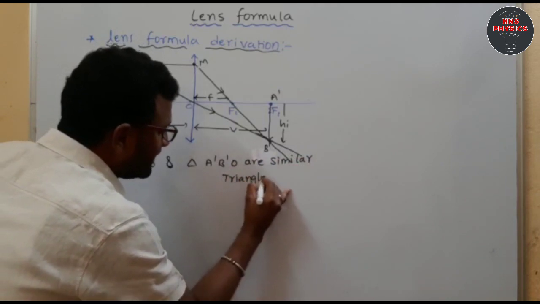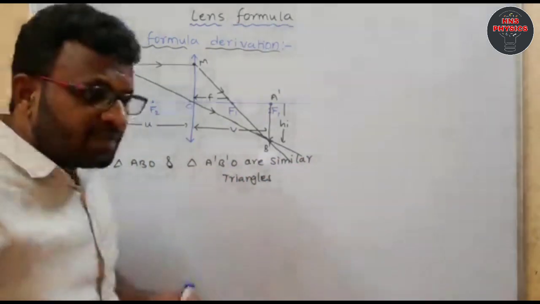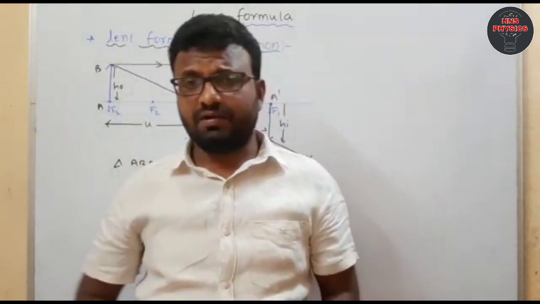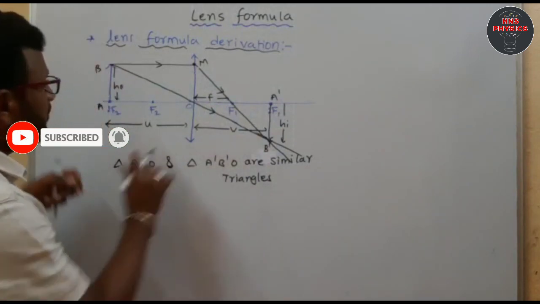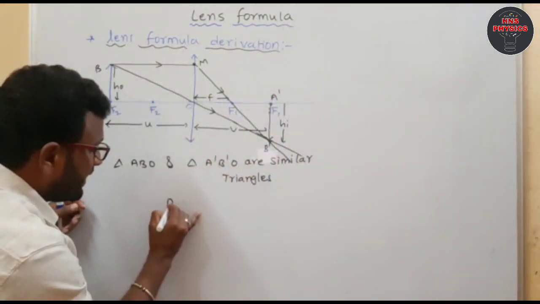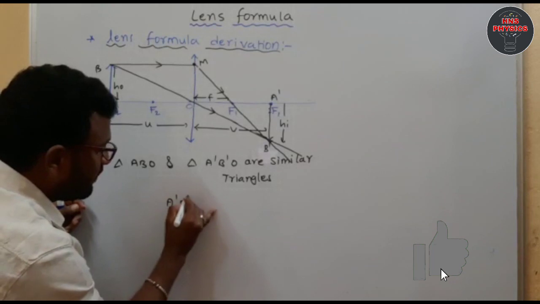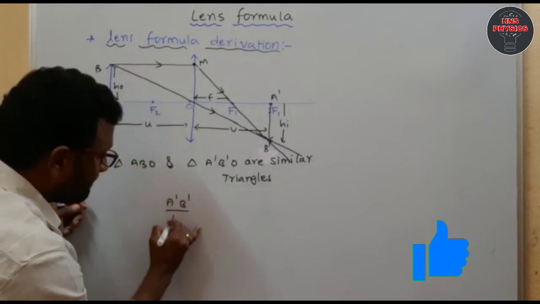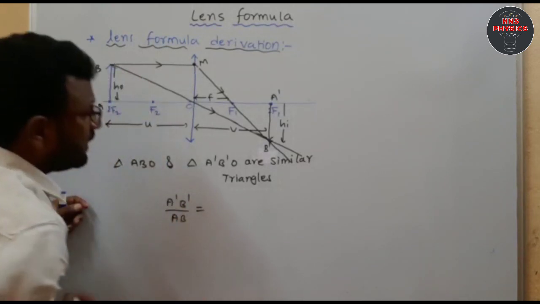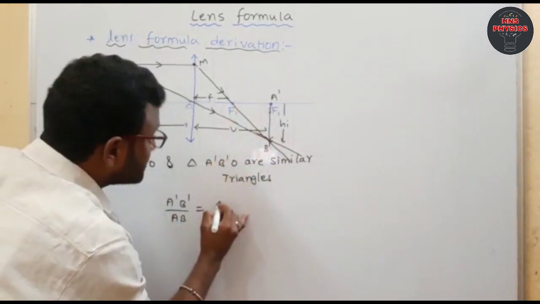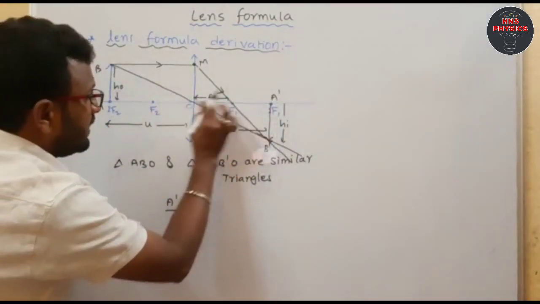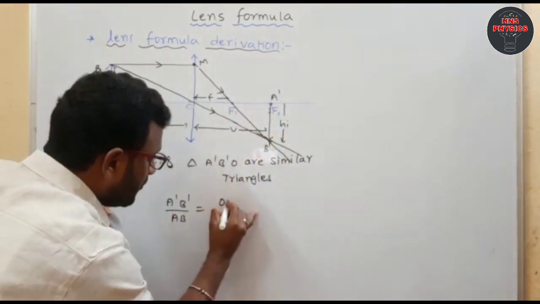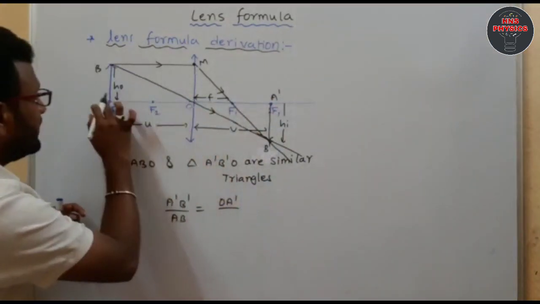Similar triangles means the ratios of corresponding sides are equal. So from here, A dash B dash by AB equals A dash O by OA.